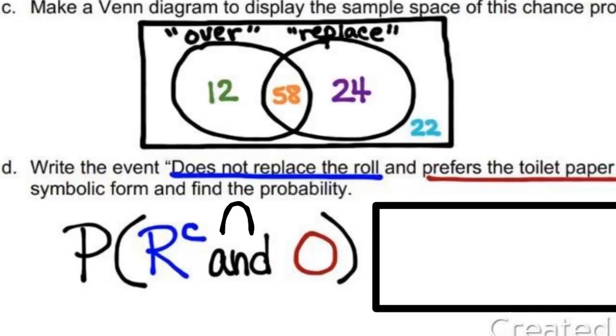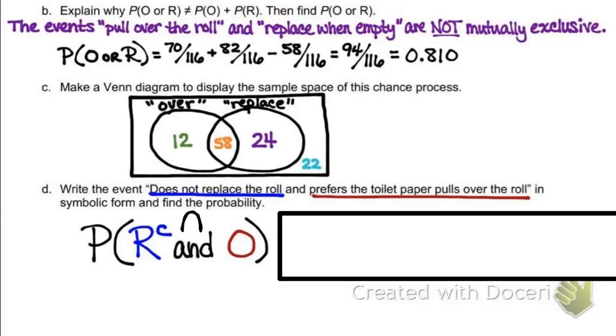If you write the word "and" instead of an intersection, I'm not going to count it wrong. Personal preference is that you learn how to use the union and intersection notation. What is the probability of that? Does not replace the roll, and they prefer over. 12 out of 116. Nice work.